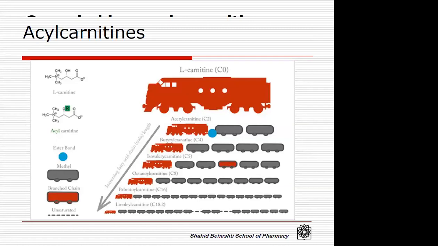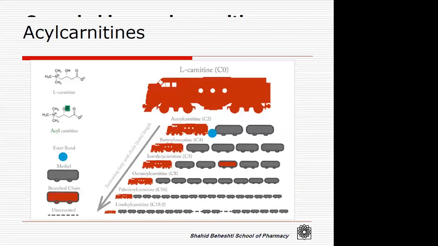But if this shuttle is defective, and carnitine cannot transfer the fatty acid to the mitochondria, then beta oxidation is disturbed and interrupted, and we will have different types of disorders because of that.